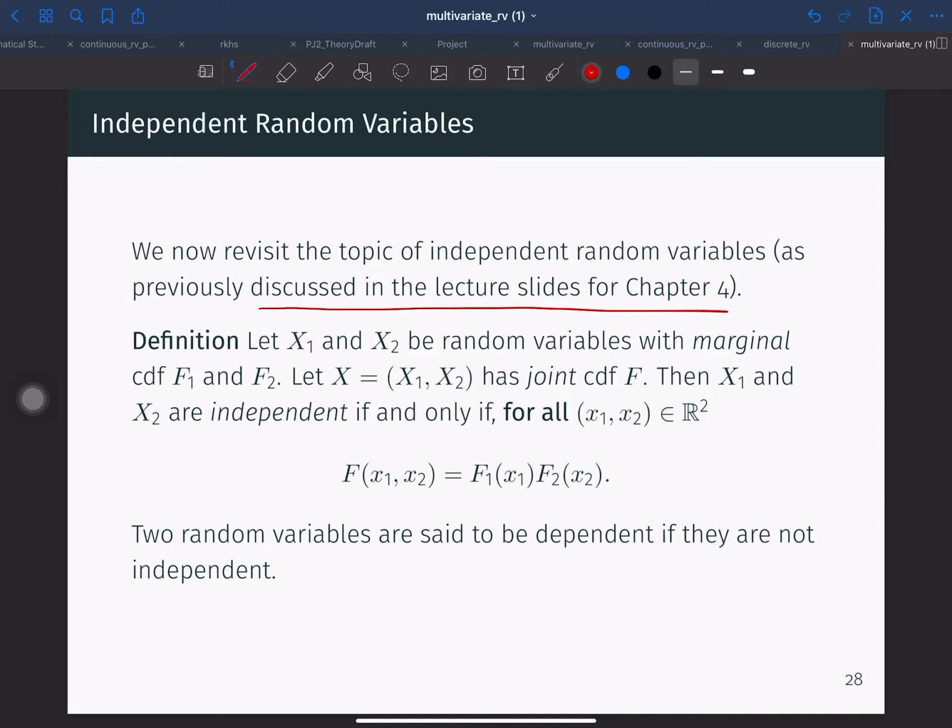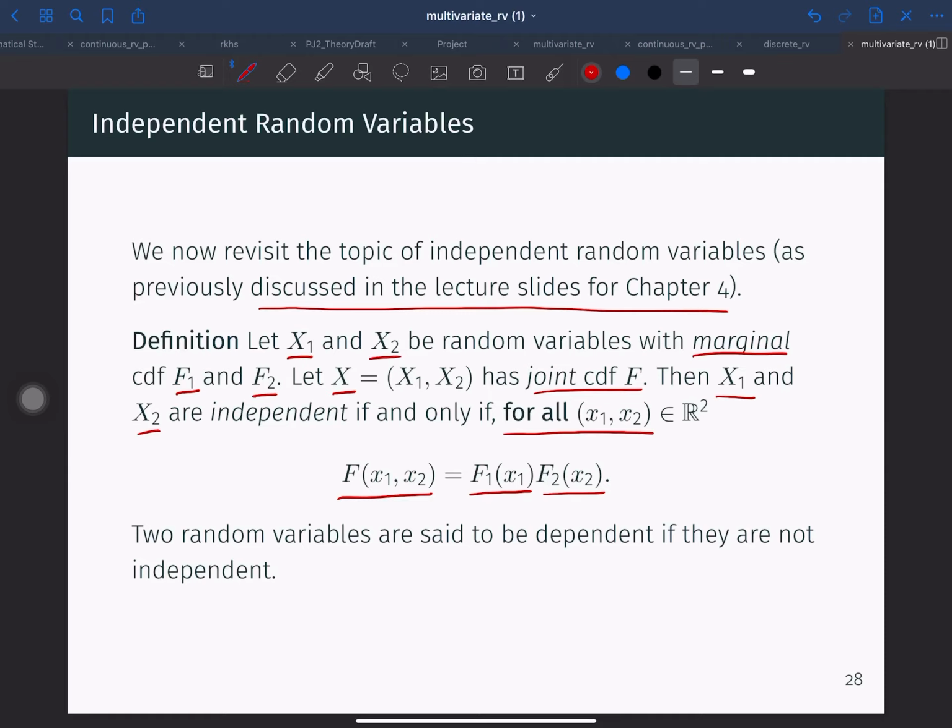So the definition goes as follows. Let X1 and X2 be random variables and they have marginal CDFs F1 and F2. And suppose that jointly X has joint CDF F, then we will say that X1 and X2 are independent if and only if for all values of x1 and x2, the joint CDF can be written as the product of the marginal CDFs.